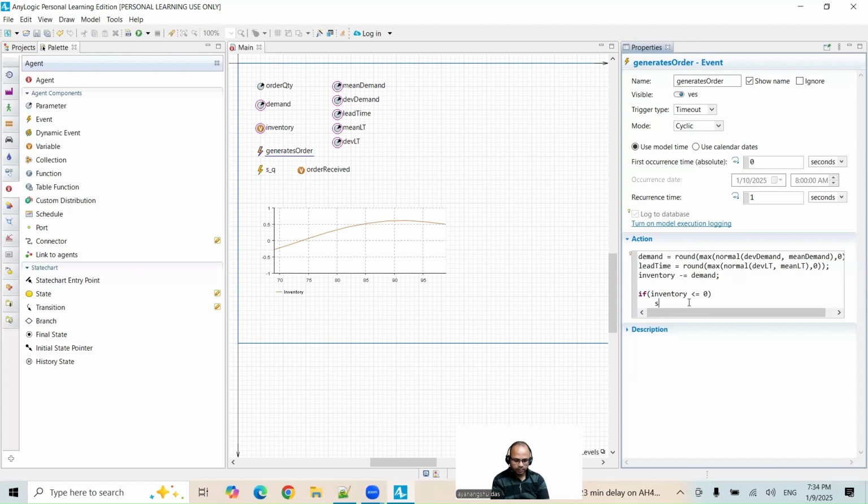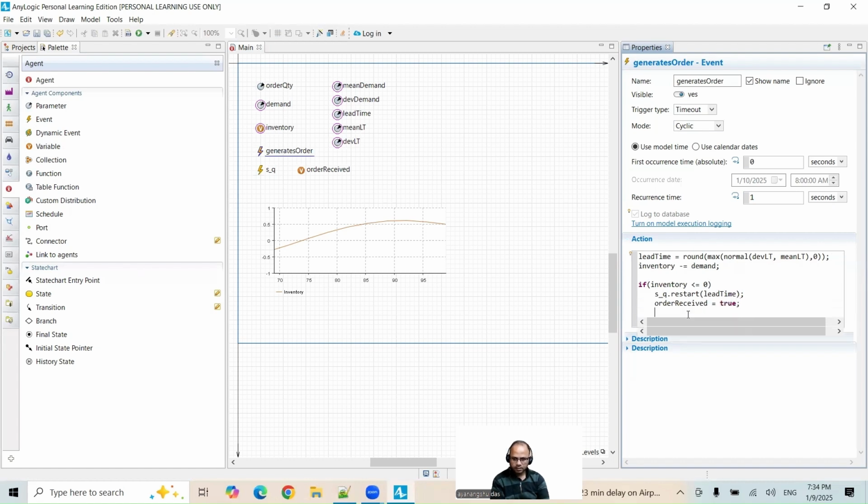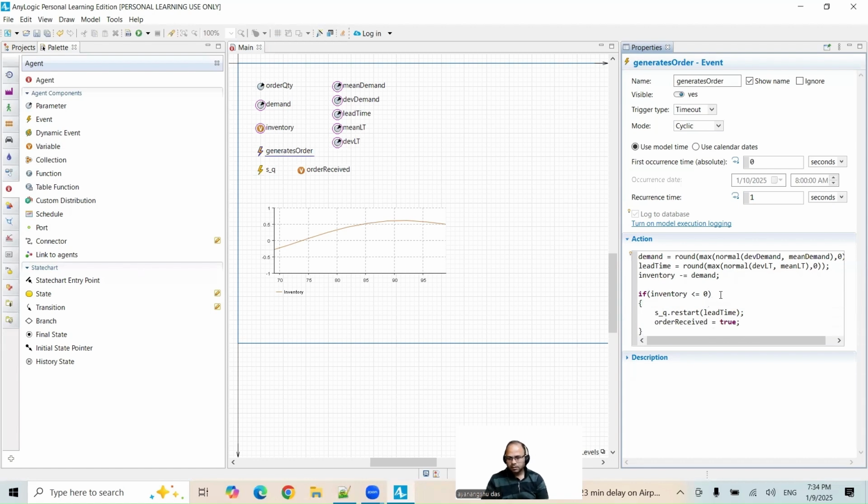The way to do that is to name that particular event, and then we'll say restart, and that it restarts after the lead time. Also, once this invocation is done, we'll say that the order has been received, and then we close this operation.